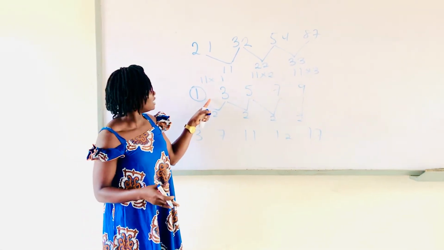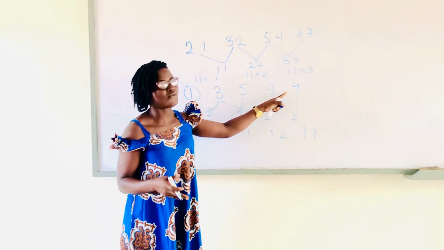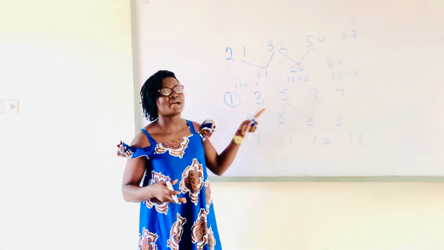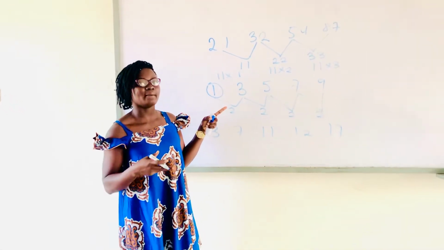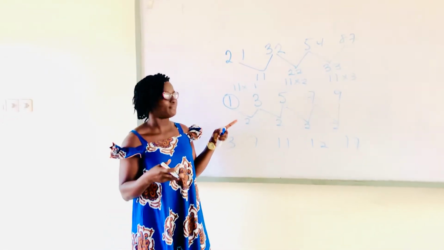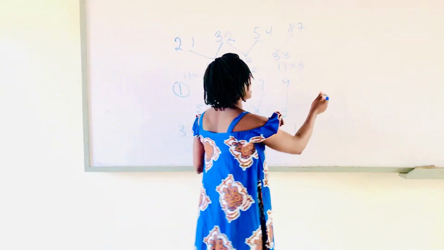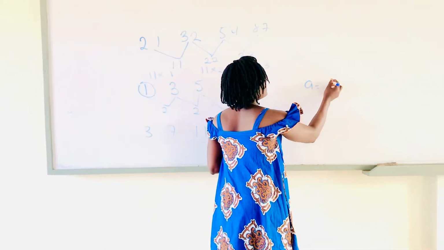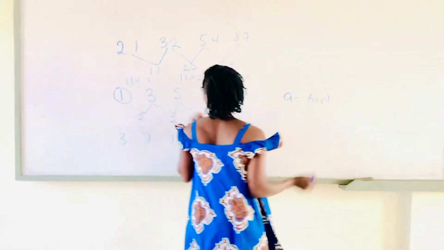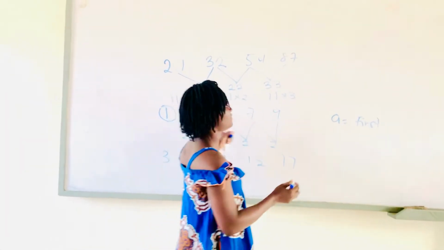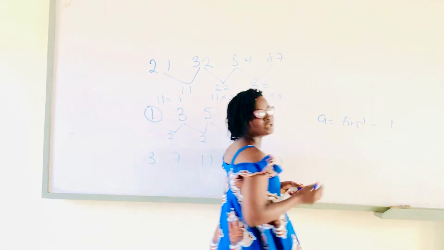We have 1, 2, 3, 4, 5. So we can find the sixth term, which is the next number. In this case, we have A as the first term. Looking at our set of numbers, the first term is 1.